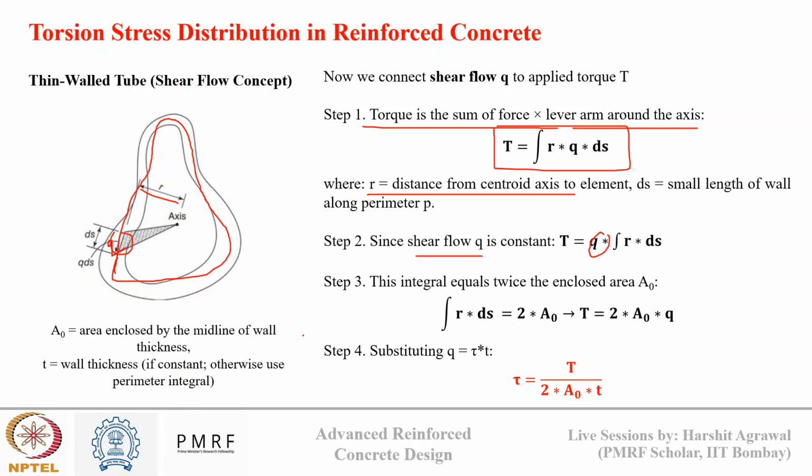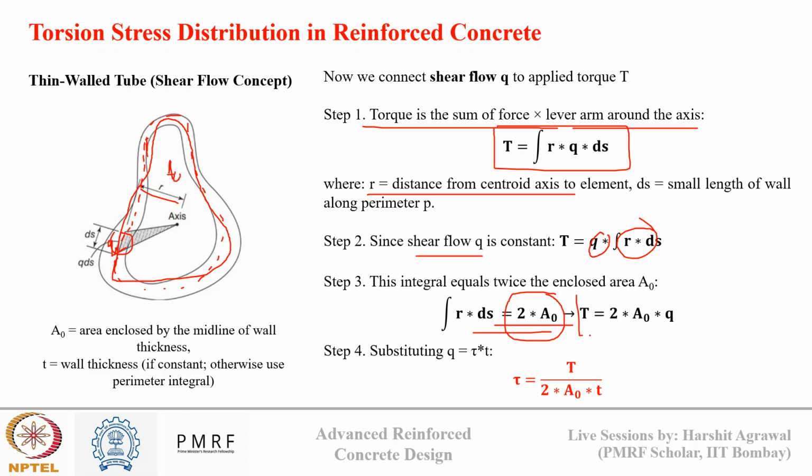And this integral of r times ds is nothing but equal to 2 times A naught. If we draw a curve along the midline, then the area enclosed by it is denoted by A naught, and the integration of r times ds is equal to 2 times A naught.